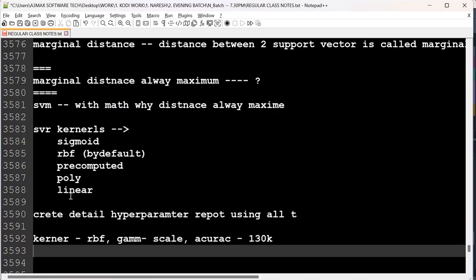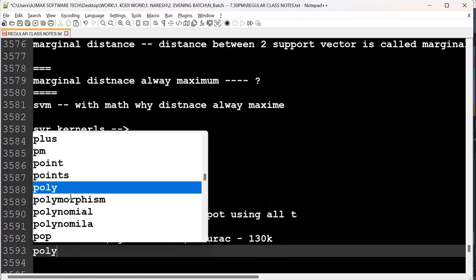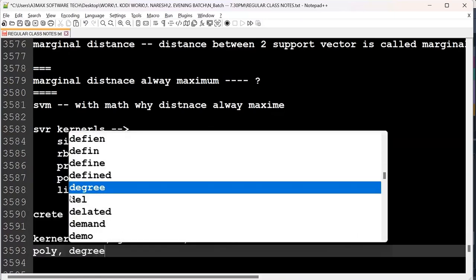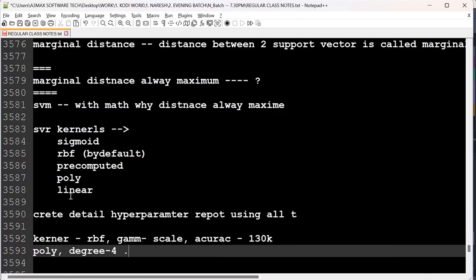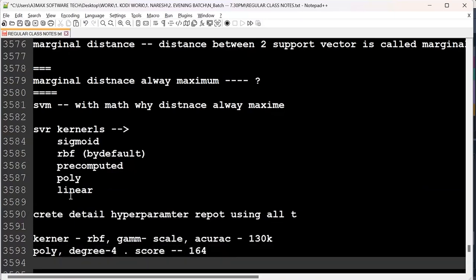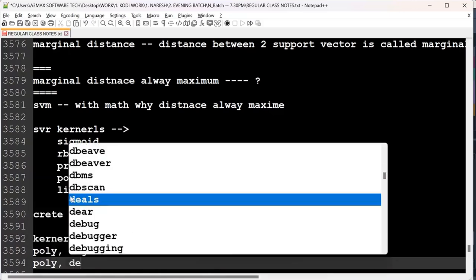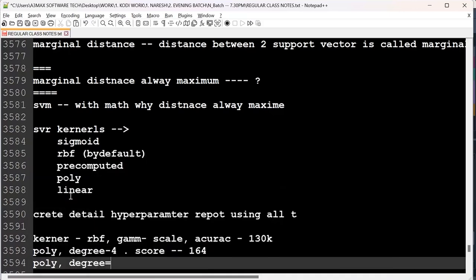Next one, kernel is sigmoid or maybe poly, and degree equals 4, and the score is, let's say, 164. Same thing, poly with degree equals 5, and the score we go to 170.